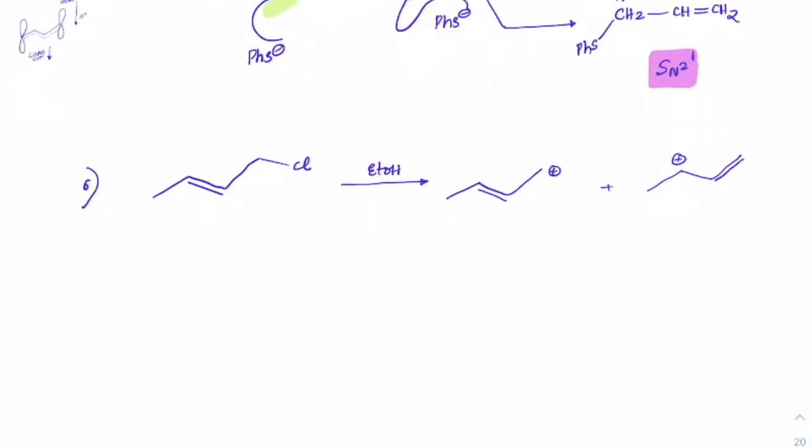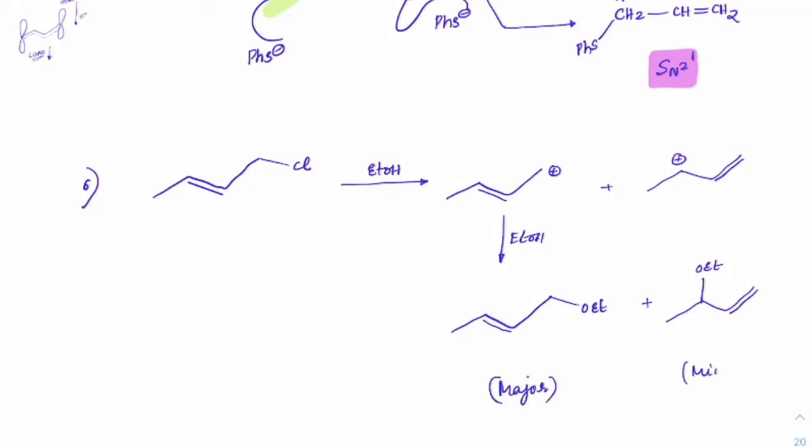Okay, and as you treat that with EtOH, we will get the following products: OEt here, and OEt here. The major product is always at the less hindered carbon, whether it is SN1 or SN2.